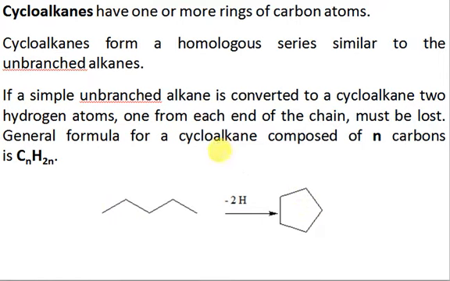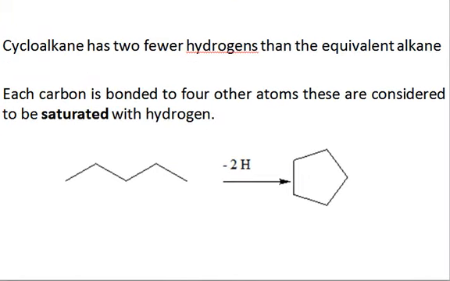Since cycloalkanes are formed from alkanes by loss of two hydrogens, the general formula for cycloalkanes is CnH2n, right? We don't add 2 because these two hydrogens have been eliminated when an alkane is converted into a cycloalkane. So cycloalkanes have two hydrogens less than the equivalent alkane.